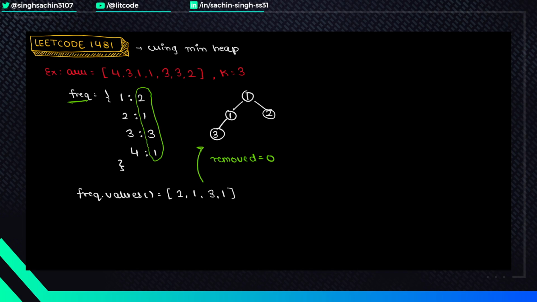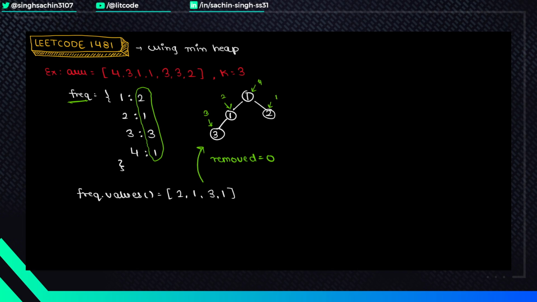So this is a heap generated from the frequency values, and I'll be using an additional variable called removed. This will basically represent the unique elements which I have removed. And if you think about it, each node over here represents one unique element in the array. So this can be 4, or this can be 2, this is 3, this is 1, right? We can assume this.